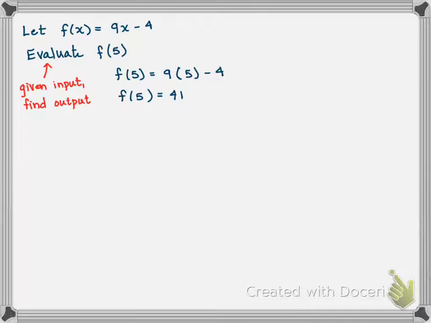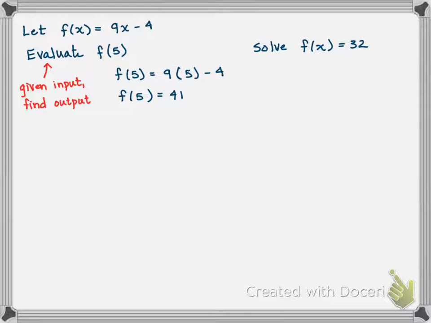The other type of problem is more like what we do when we're solving an equation. It's usually worded that way too, it says something like solve f of x equals 32. In this case, again, if you look in the parentheses next to the f, there's a variable there, which means you don't know what the input is.